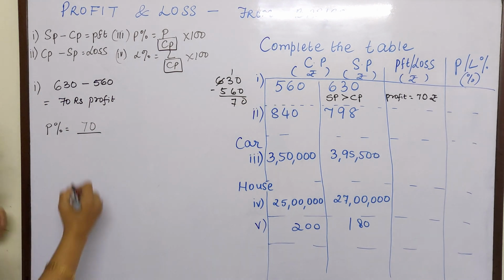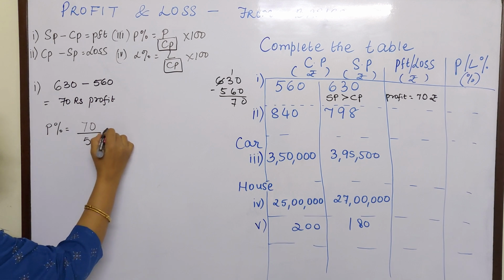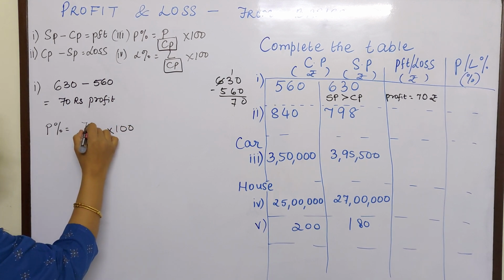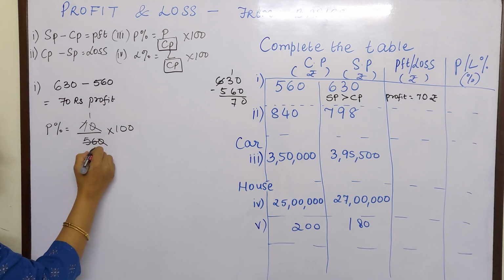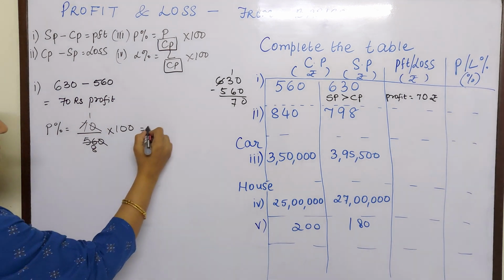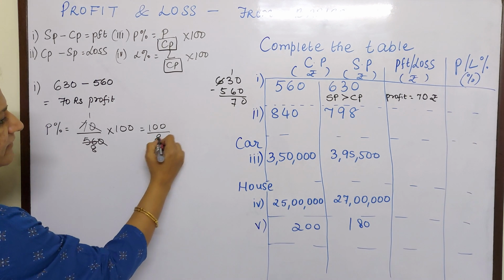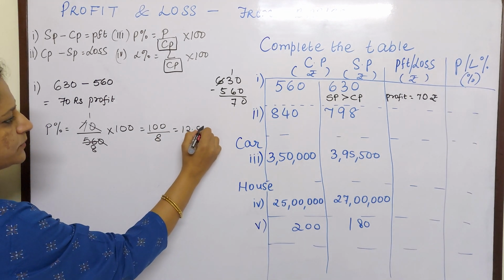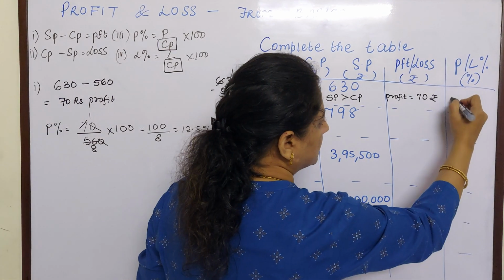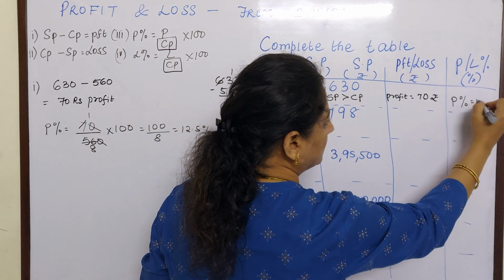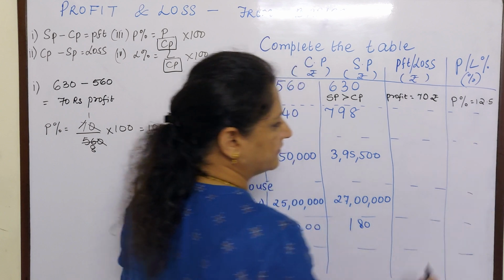It is 560 into 100, right? So 70 gets cancelled. 7 ones are 7, 7 eights are 56. So your answer is 100 by 8. When you divide, you will get 12.5%. So you can say profit percentage is equal to 12.5.